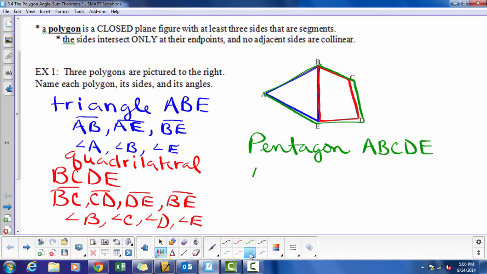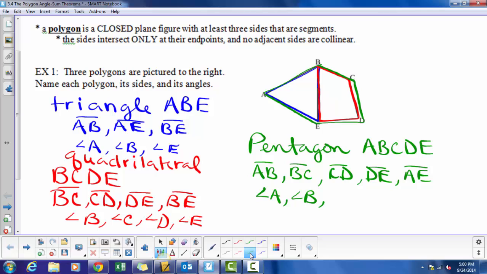The sides of that are segment AB, segment BC, segment CD, segment DE, and segment AE. And the angles of my pentagon are angle A, angle B, angle C, angle D, and angle E. Okay?